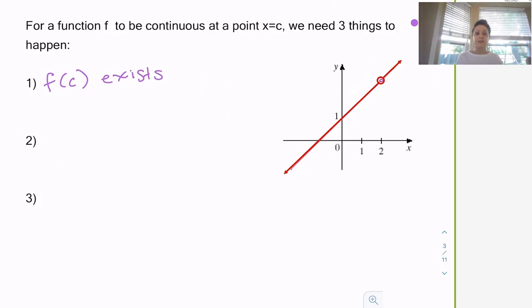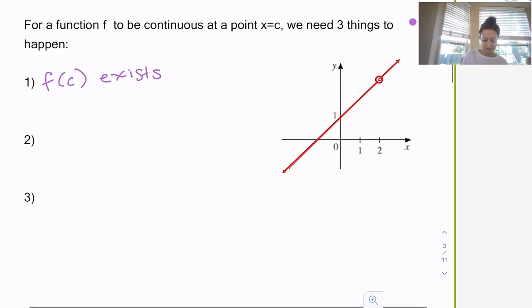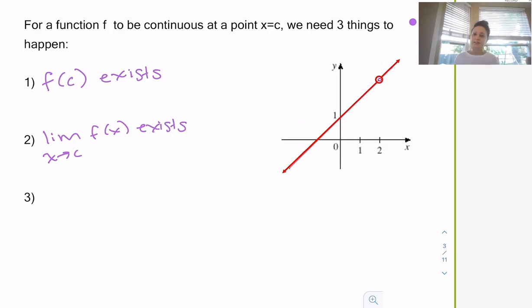Okay, now looking at our example, does the limit exist as x approaches 2? As x approaches 2, the limit does exist, and that's another condition we need. But we can see that that's still not sufficient, right?